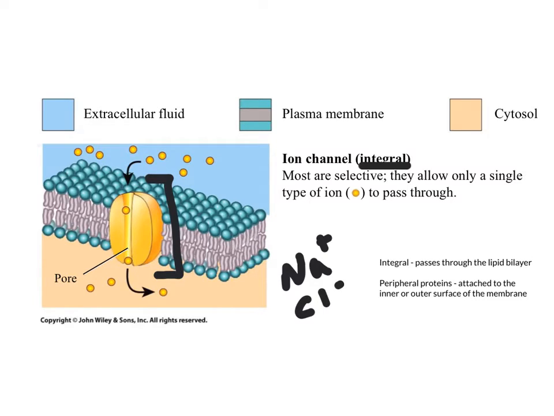Now, these channels are unique because they can open and they can close. So they do not just remain open. They have the ability to open and close and just allow that type of ion to pass through. And we will talk more about those. So that's an example of a protein that you're going to see in the membrane.